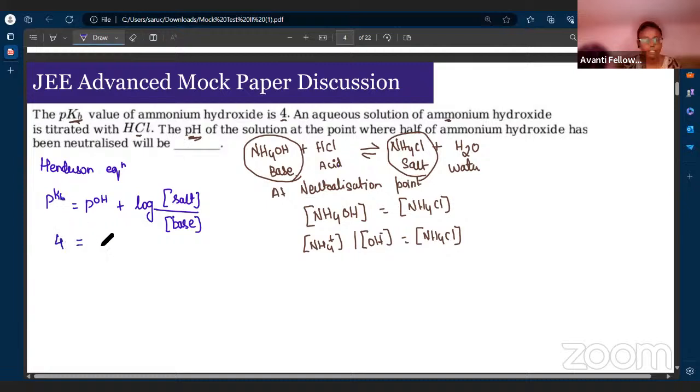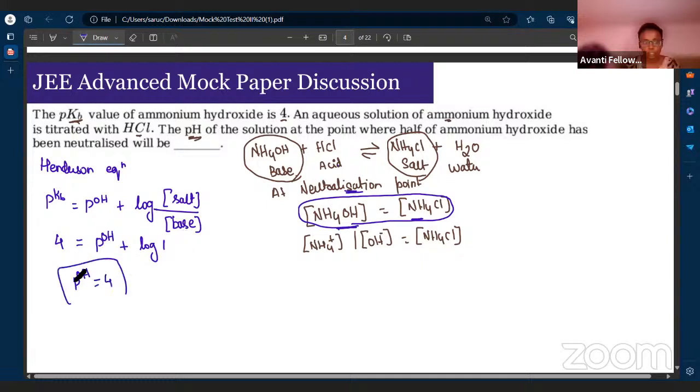What value should you write for the log term? We know that the concentration of base and concentration of salt are equal at the neutralization point, so the ratio is 1. Log 1 is 0, so pOH is equal to 4. Now tell me, what would be the pH value?